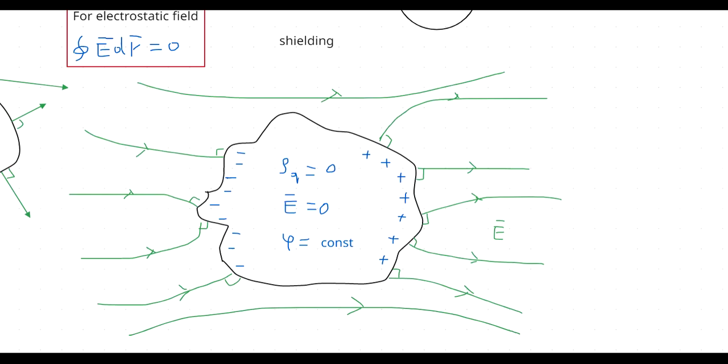So electric induction is a redistribution of electric charges on surface of conductor in external electrostatic field. Okay, do you have any questions about this?